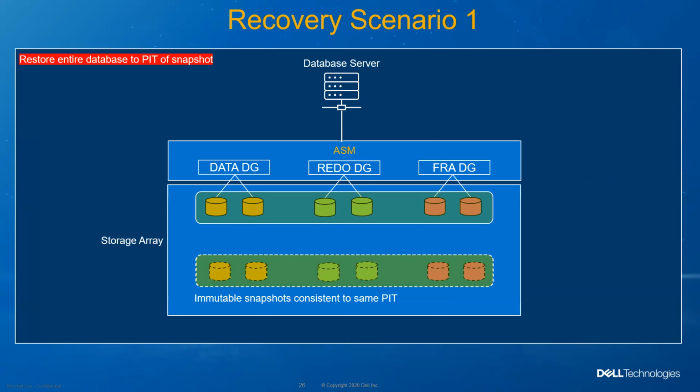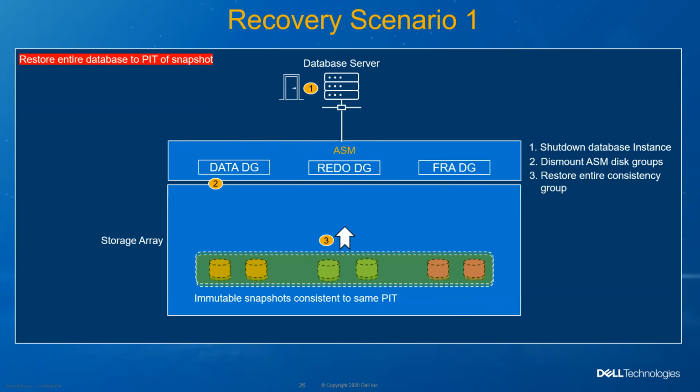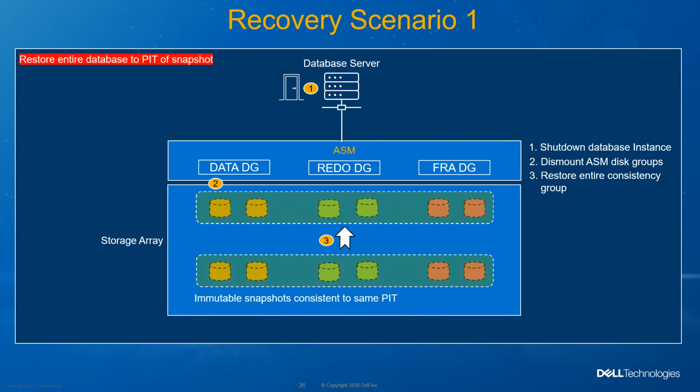Well, what you might want to do is have a test system whereby you run some test scenarios on a test database, make some changes, or do various different things, and then you want to run a different set of tests with a different set of parameters. But you want to take the whole database back to the same point in time, and you can very easily do that by simply shutting down the instance, dismounting the ASM disk group, and then restoring the entire disk group to the original LUNs.